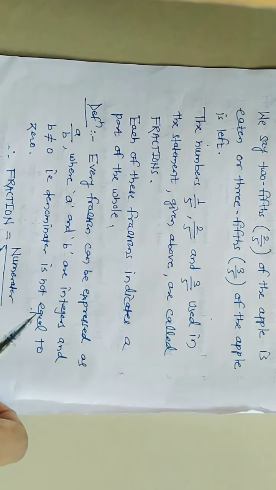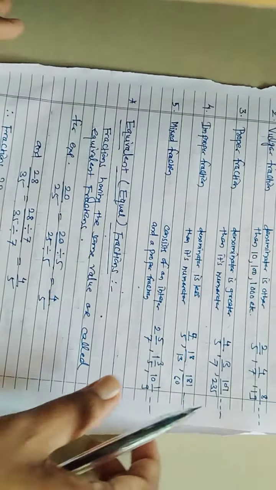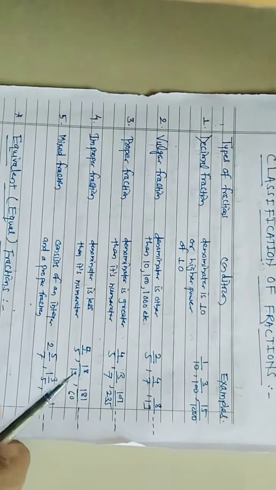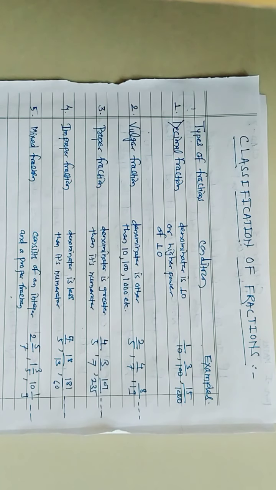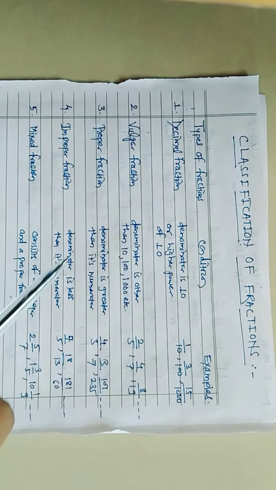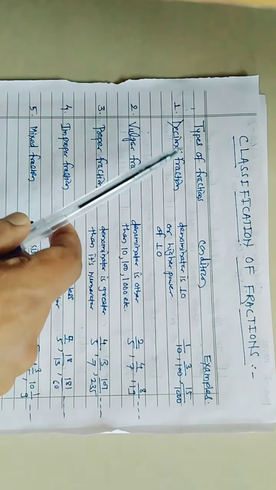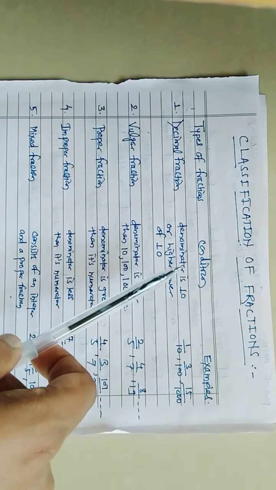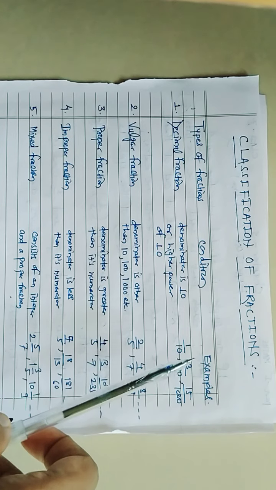Now we'll see the next topic, classification of fractions. Now you can see the table. There are 3 columns: first column types of fraction, second condition, third examples.